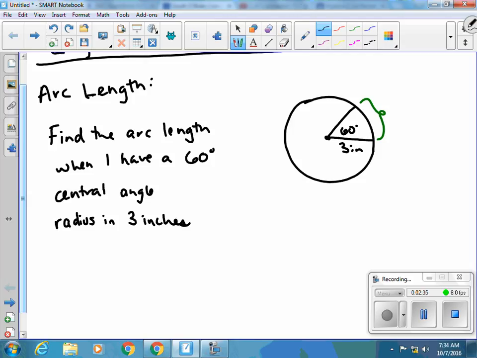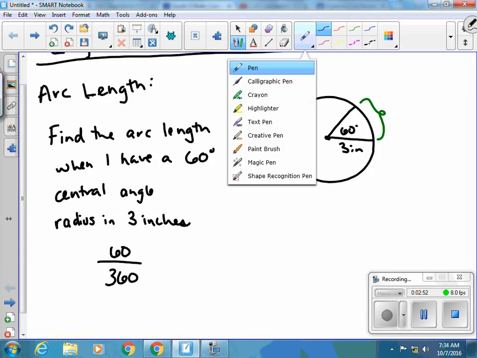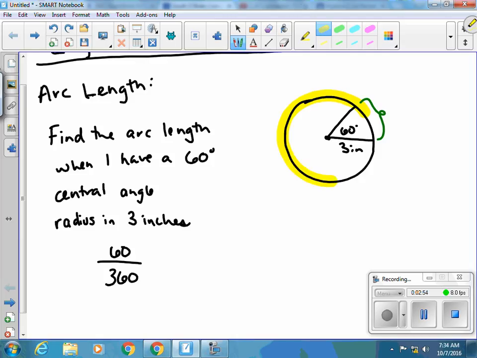So I've got 60 over 360 because that's how much of the actual circle in degree measure I am looking at. Okay. Well, from my circumference, I can figure out the distance around my circle going all the way. I can figure out that length using circumference. Okay, but I want just that little piece of the pie. And that's what we're trying to figure out here.